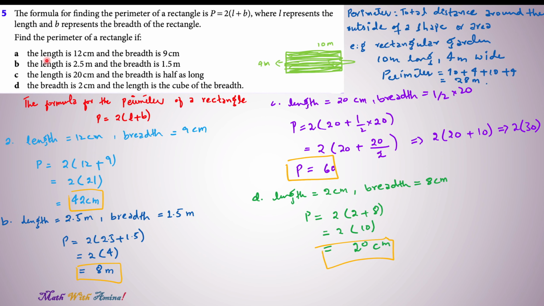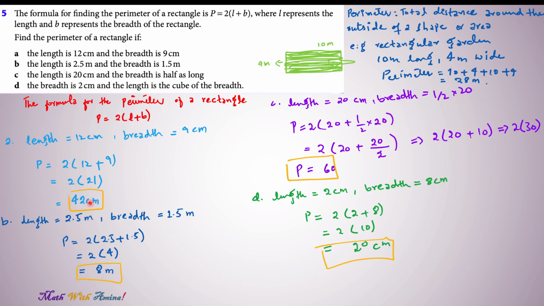As per the first part of the question, we have length 12 centimeter and breadth 9 centimeter. So we will replace the variables with their values, which is 12 plus 9. 12 plus 9 is equal to 21. Then it will get multiplied with 2. 2 multiplied by 1 is equal to 2, and 2 multiplied by 2 is equal to 4.